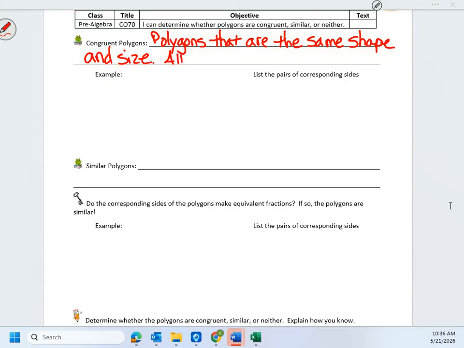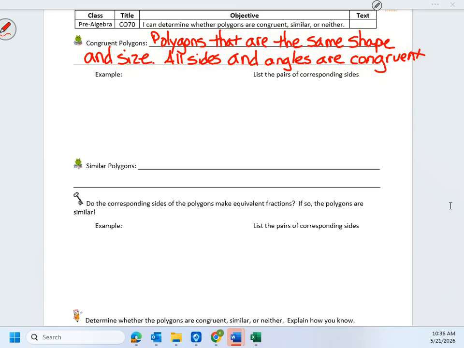All sides and angles are congruent. They are identical.